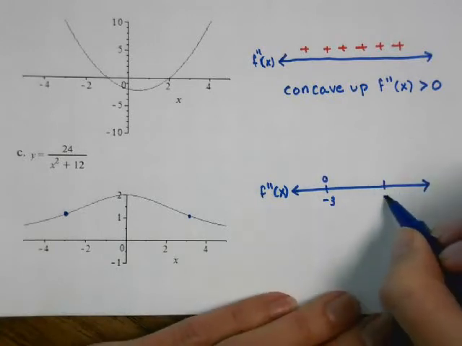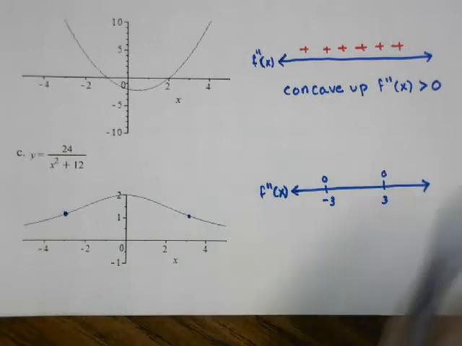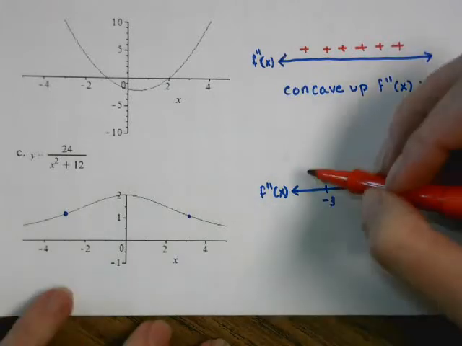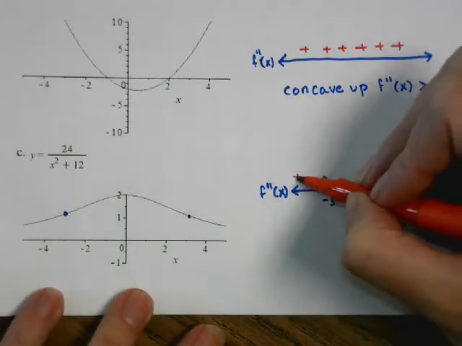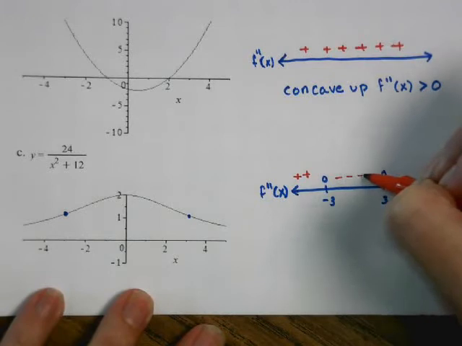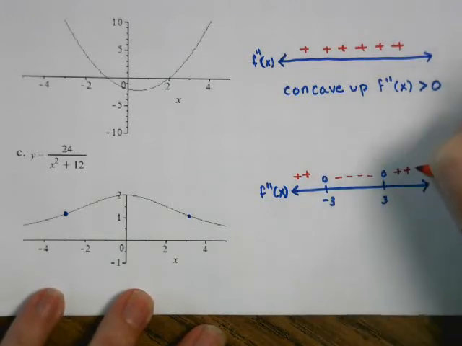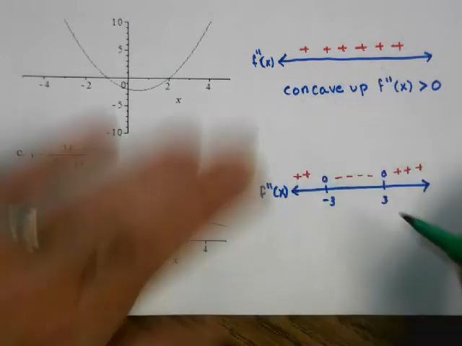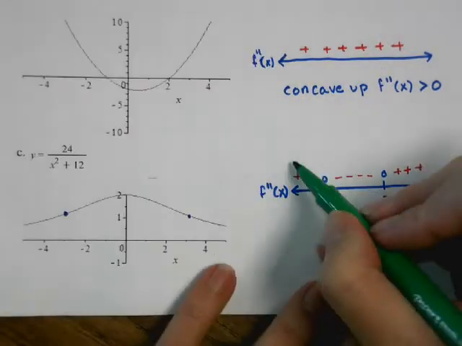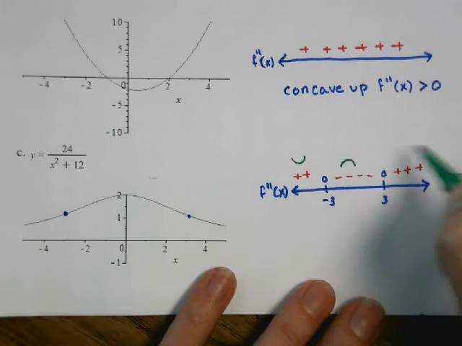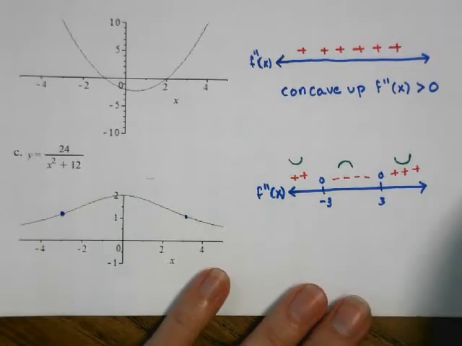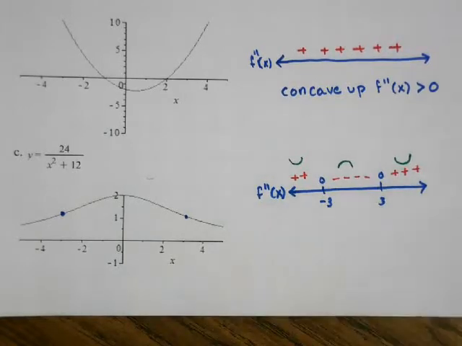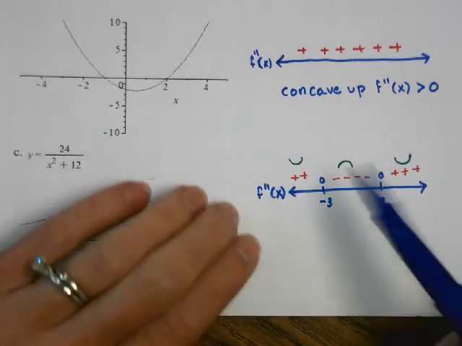Here, my second derivative at 3 would be 0. And then this one is concave up, then it's concave down, then it's concave up. So if I just had this information, we know it was concave up, concave down, concave up at those points. That's information we can tell from the number line.